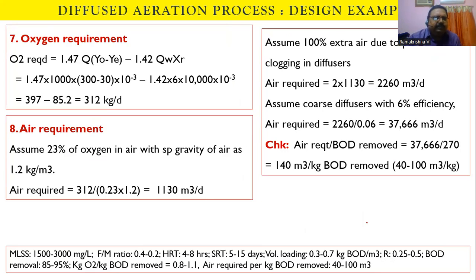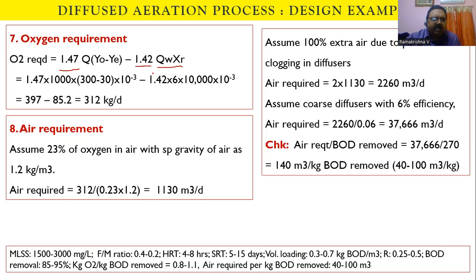To calculate the oxygen requirement, first of all, we should calculate the ultimate BOD from the 5-day BOD. To calculate the ultimate BOD from the 5-day BOD, we need to multiply with 1.47. Because some solids are wasted, QWXR should be deducted. So there is a conversion factor in this.